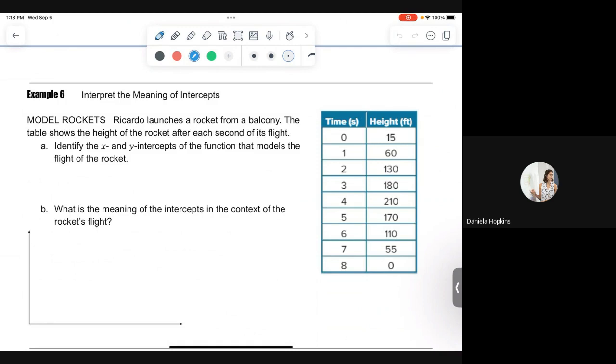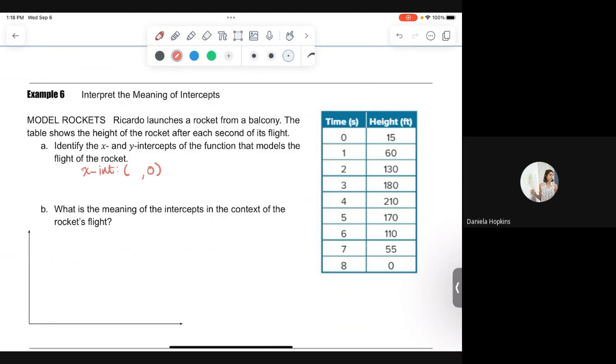So just as a reminder, you can look back in your notes if you want. X-intercepts are always a number, comma, 0, right? So as we look at this table, remember our x-intercepts are going to be a number, comma, 0. Where 0 is like our y part of the coordinate.